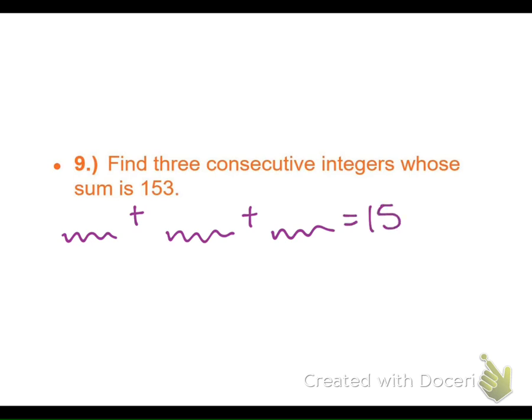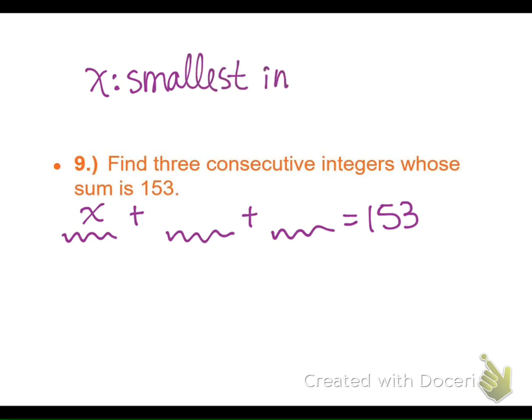The sum is 153. We are always going to start off with our first integer being called x. We've got to start somewhere. So x represents the smallest or lowest of those integers. And then we get to the next consecutive integer.